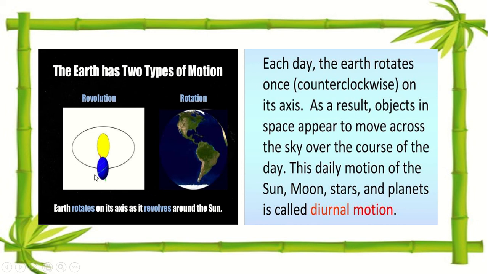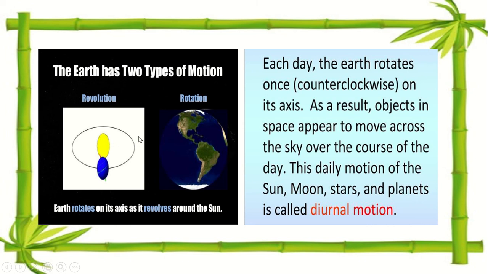As it revolves around the sun, it is the revolution. In Bengali, the rotation is anik gati, and the revolution is bashik gati. For the rotation of the earth, it takes 24 hours, that means one day, and for the revolution, it takes at least 365 days, 5 hours, or we can say sometimes 365 days and 6 hours.